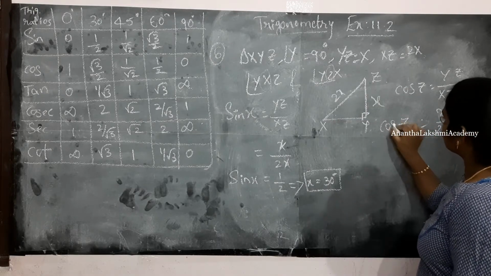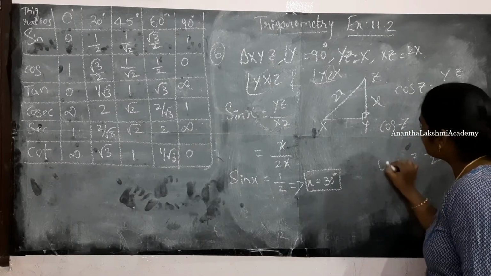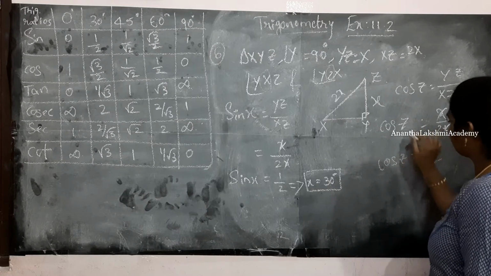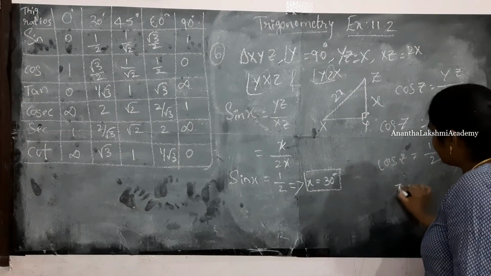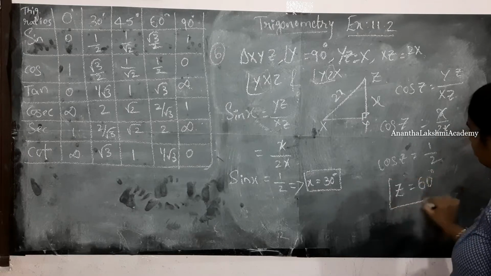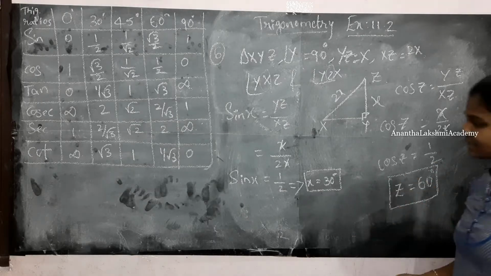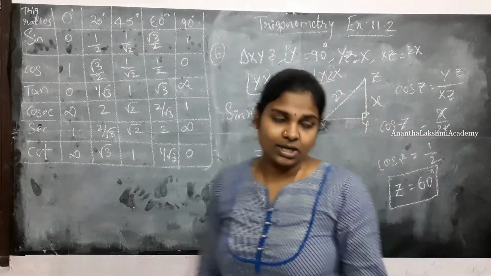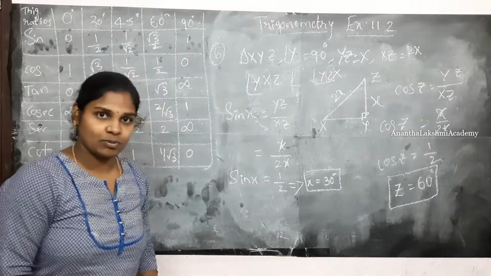So cos Z is equal to 1 by 2, as X gets cancelled. When does cos become 1 by 2? From the table, cos 60 degrees is equal to 1 by 2. Hence, Z is equal to 60 degrees. That's problem number 6 in this exercise. Here we have figured out the angles. Let's jump into the next problem.